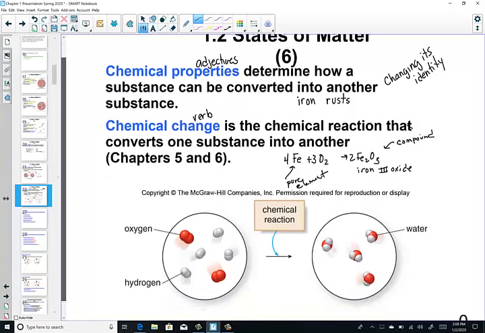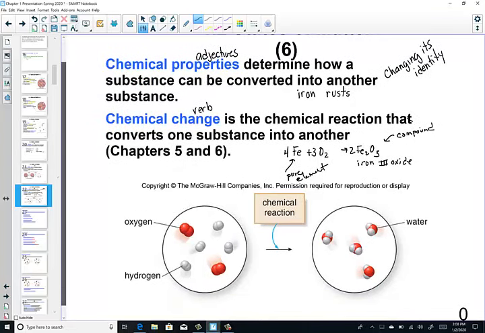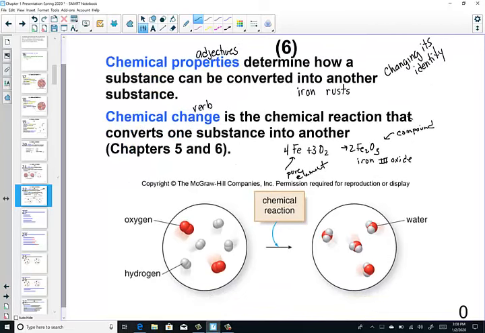Notice here, giving us a molecular view of a chemical change, I have a hydrogen molecule here written as H2. I have an oxygen molecule here written as O2. And it looks like I have inside this circle a total of 4 molecules of hydrogen. And I have 2 molecules of oxygen.